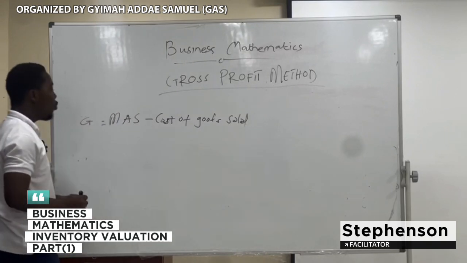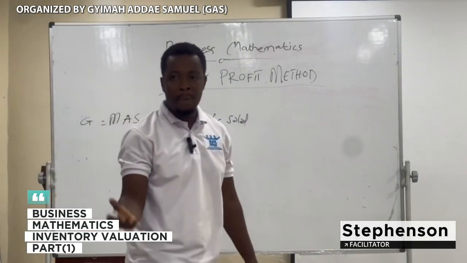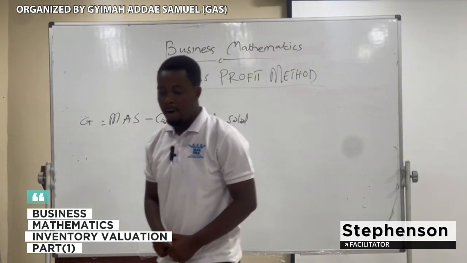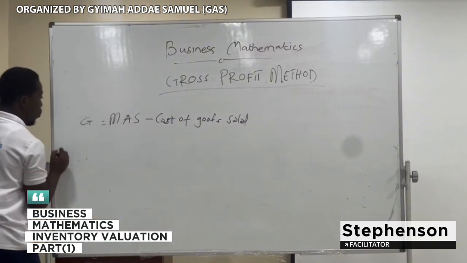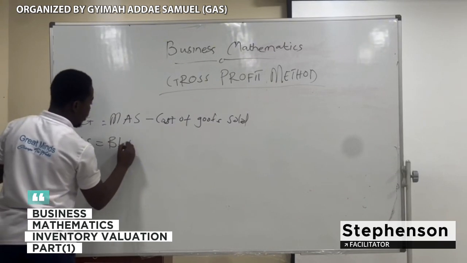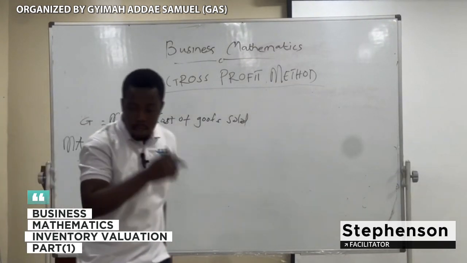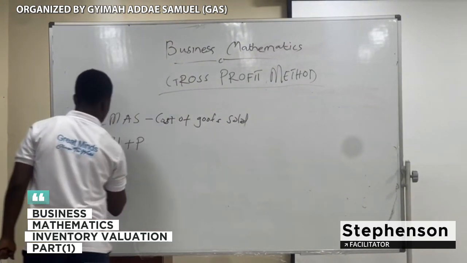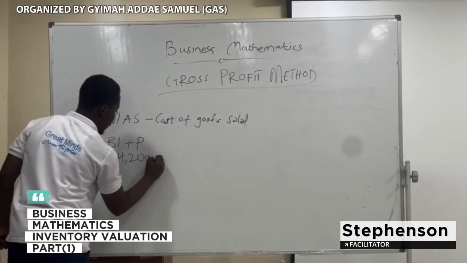We know our merchandise available for sale is our beginning inventory plus purchases. Beginning inventory here is 24,200.